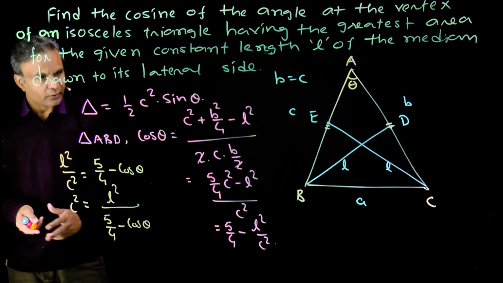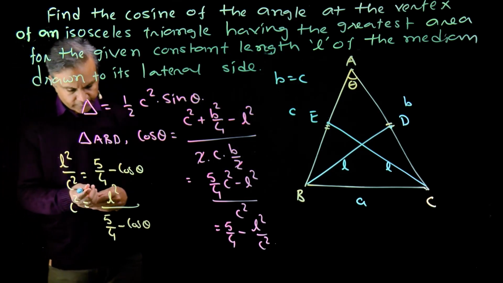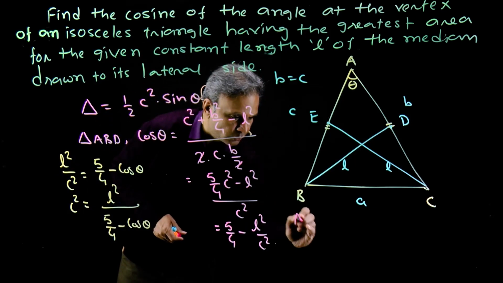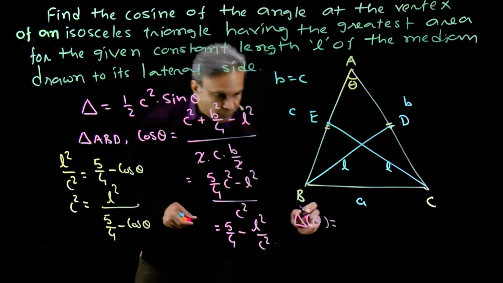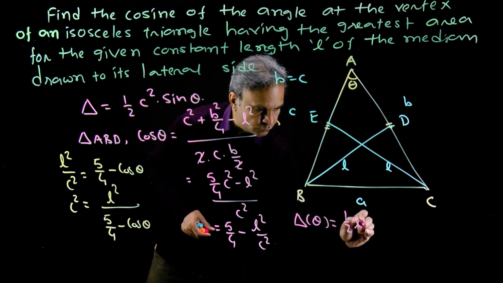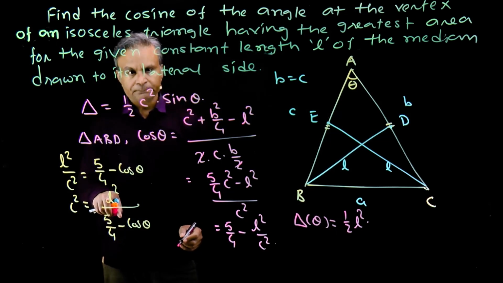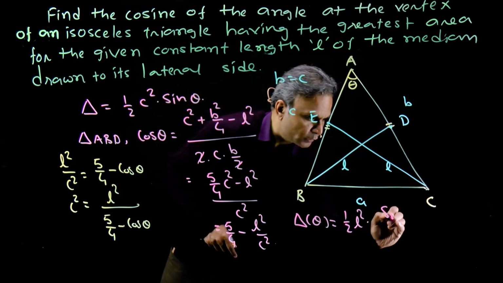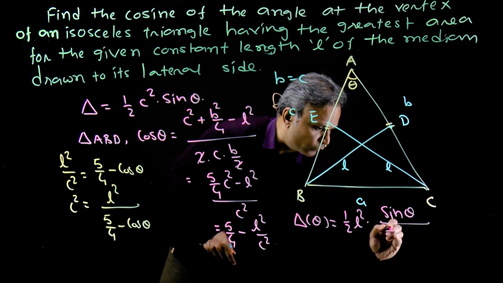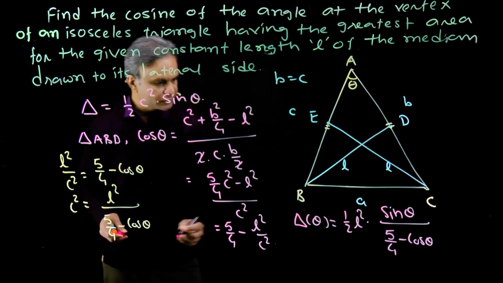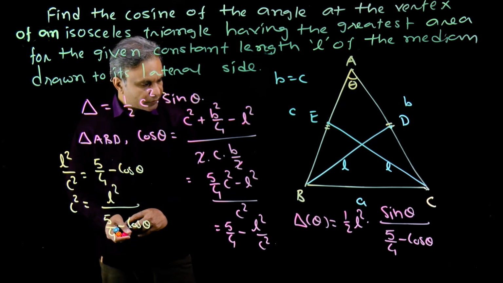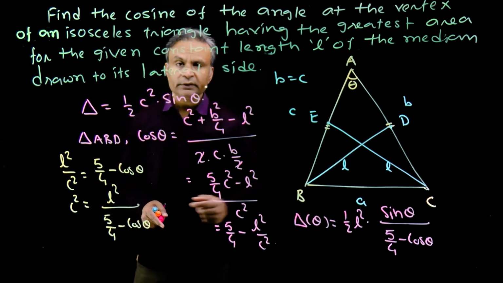Now we put the value of c square here. We get delta as a function of theta. Delta of theta will be 1 upon 2 L square into sine theta over 5 upon 4 minus cos theta. This is the area as a function of the variable theta.